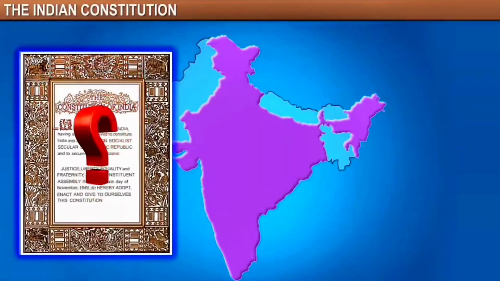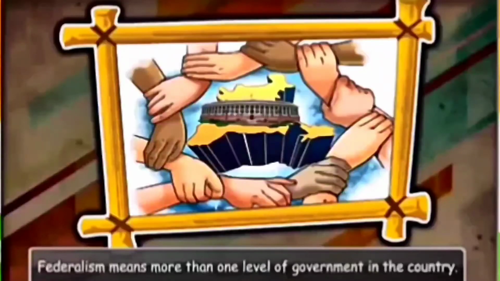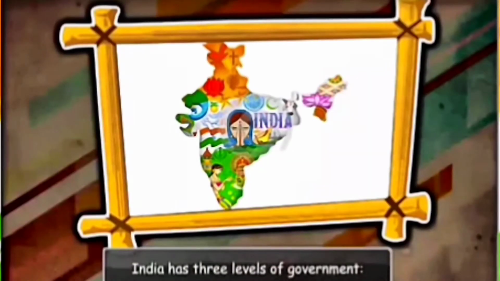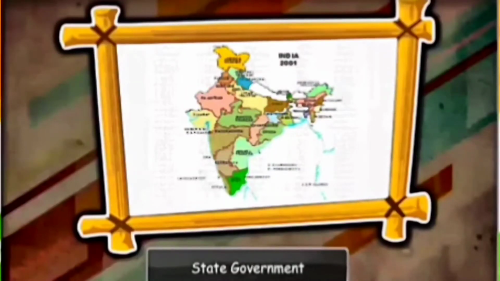So, what are the key features of Indian Constitution? The first is federalism. Federalism means more than one level of government in the country. India has three levels of government in the country: central government, state government, and local government.